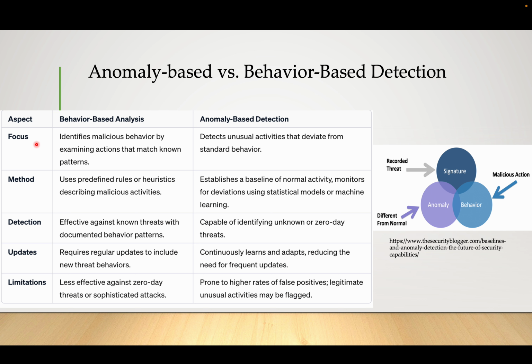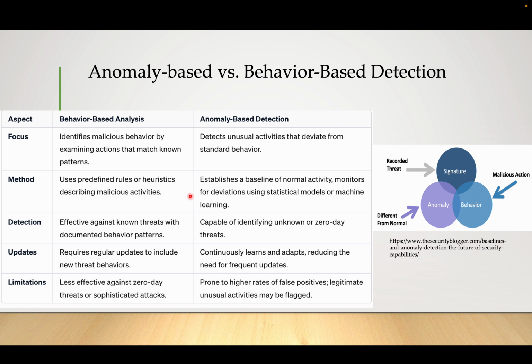Now, let's take a look at the focus. What is the focus of each? Behavior: identify malicious behavior by examining actions that match known patterns. The anomaly detects unusual activities that deviate from standard behavior. The method here in behavior uses predefined rules or heuristics describing malicious activity.